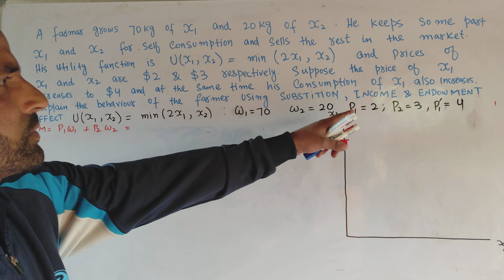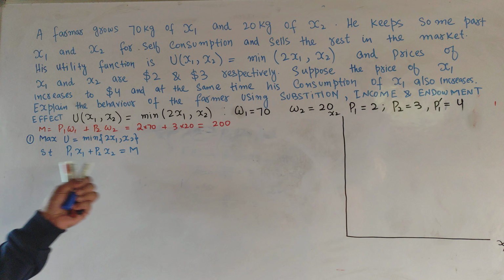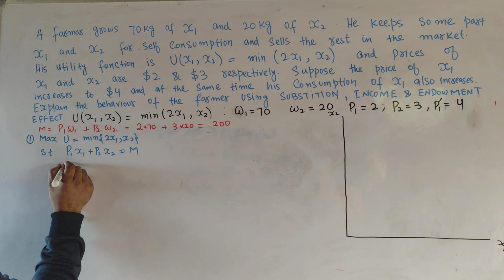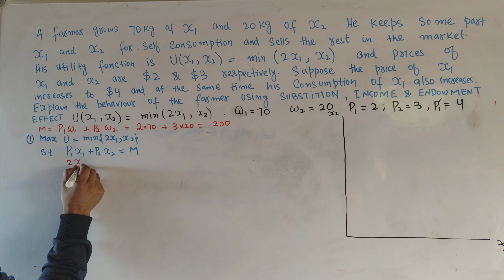This will be the budget constraint in the initial setting. Now with the prices, we can write 2x1 plus 3x2 should be equal to the income of the consumer, that is 200.